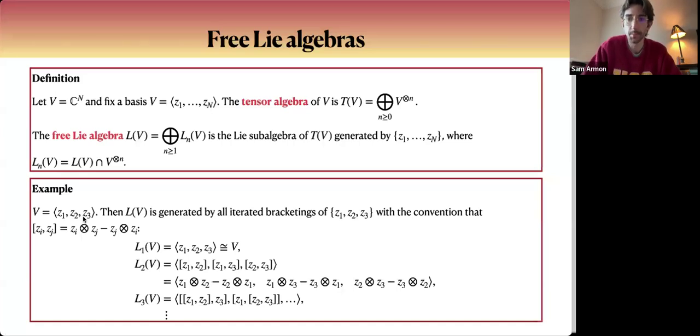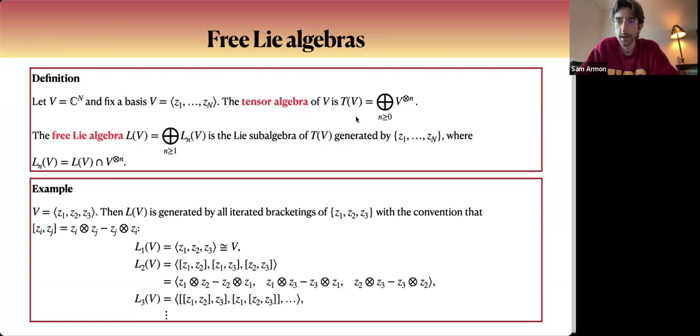I can form the tensor algebra. And sitting inside of the tensor algebra is what's called the free Lie algebra, where I construct it by taking all possible iterated Lie brackets of my 3 basis elements, with this convention that since I'm in the tensor algebra, the Lie bracket of 2 basis elements will just be this commutator, Zi tensor Zj minus Zj tensor Zi.